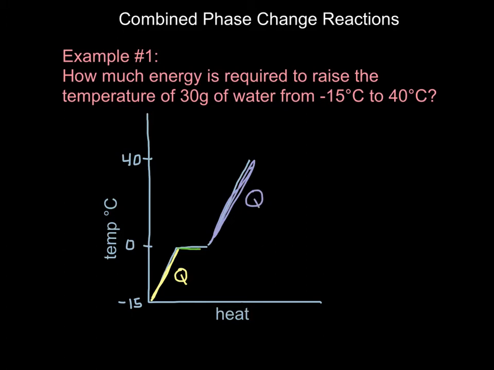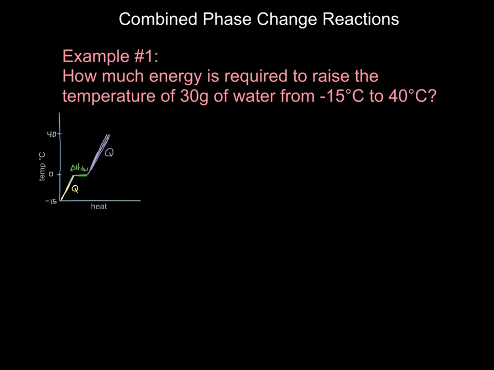However, for this piece in between, this sort of flat piece at 0 degrees Celsius, I have a phase change. My water is going from a solid to a liquid, and I have no temperature change. So I have to use my ΔH, my molar heat. In this case, it's going to be my molar heat of fusion, since I'm going from a solid to a liquid.